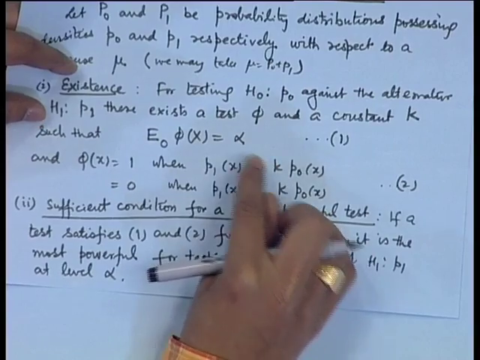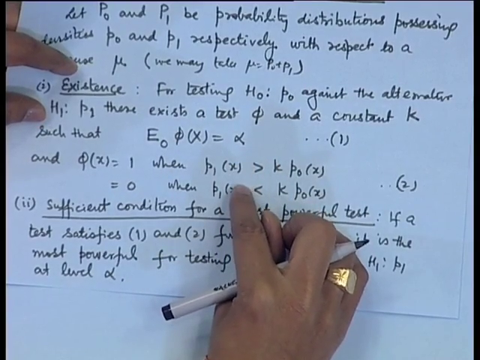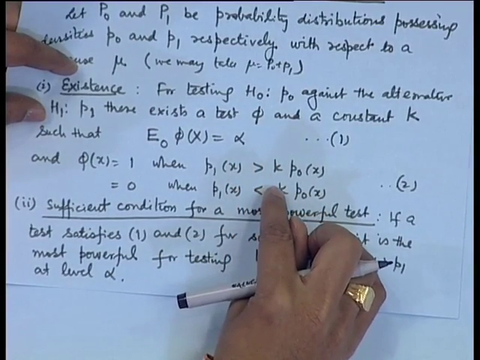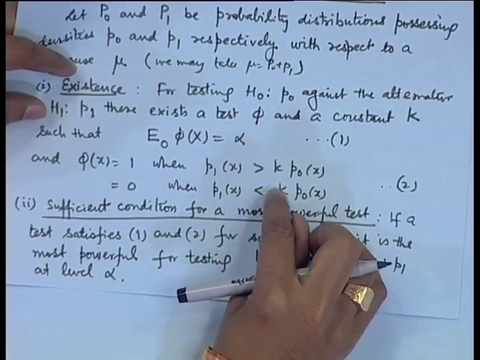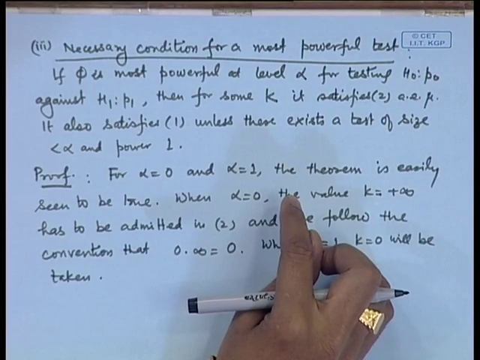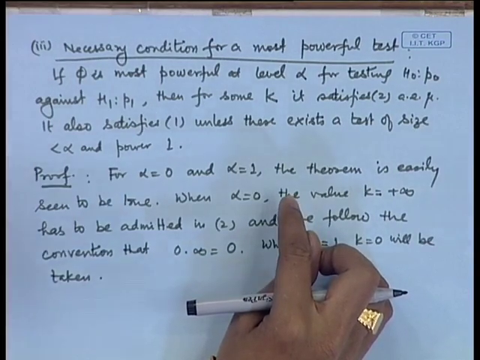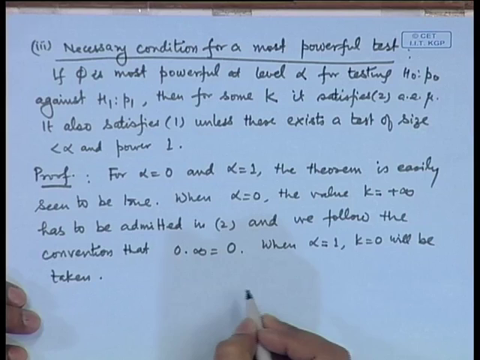If you are always rejecting H naught, then the probability of accepting H naught will become 0, because you are never accepting it. So, this gives you beta equal to 0. So, these are the trivial cases.